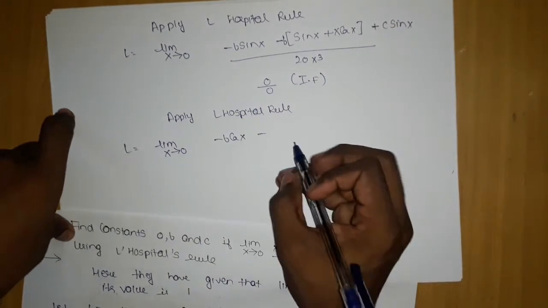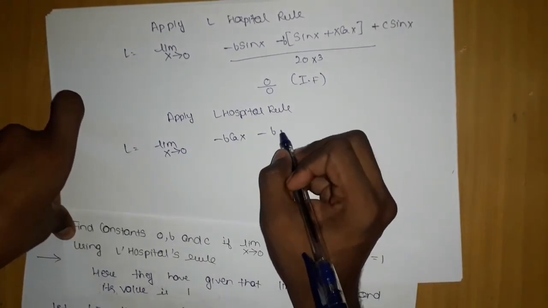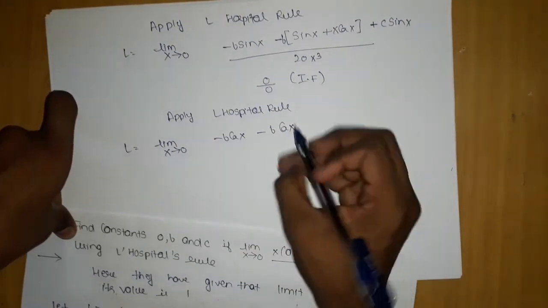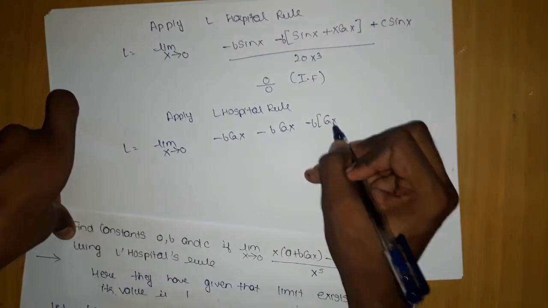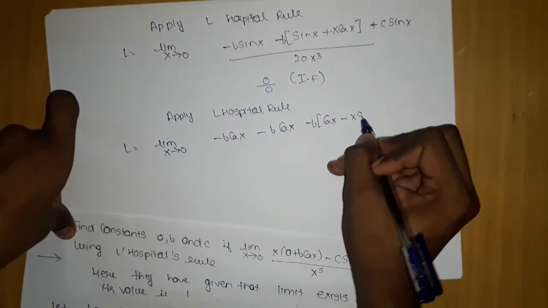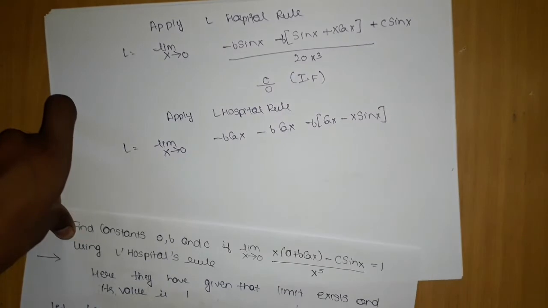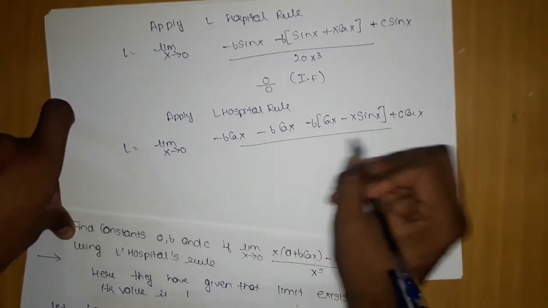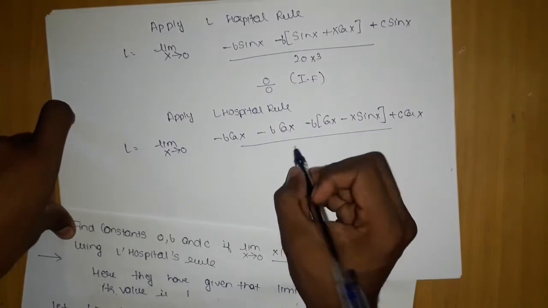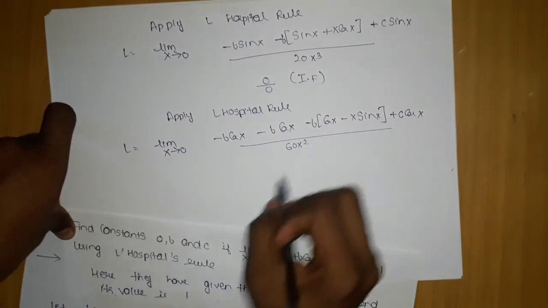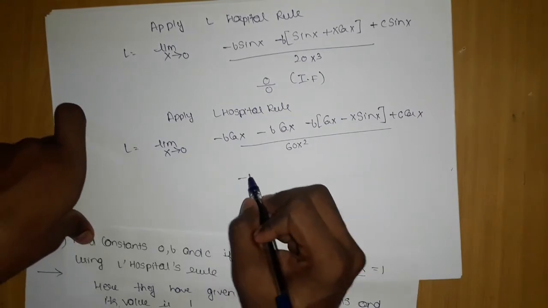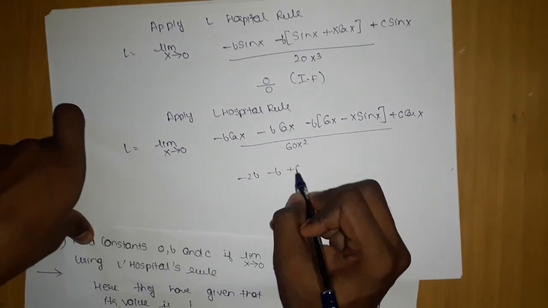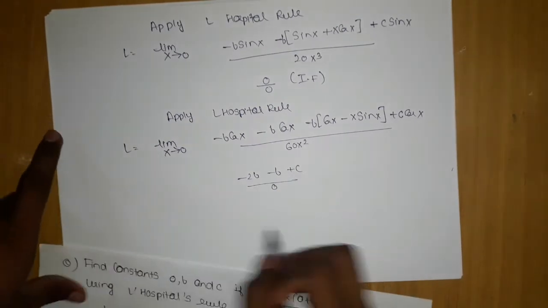If I simplify this, minus b, sin x will become cos x, and here minus b will be outside, it will be cos x minus x sin x. And finally plus c cos x, the whole by 60x square. Put the values: minus 2b minus b, this will be 0, plus c, the whole by 0.